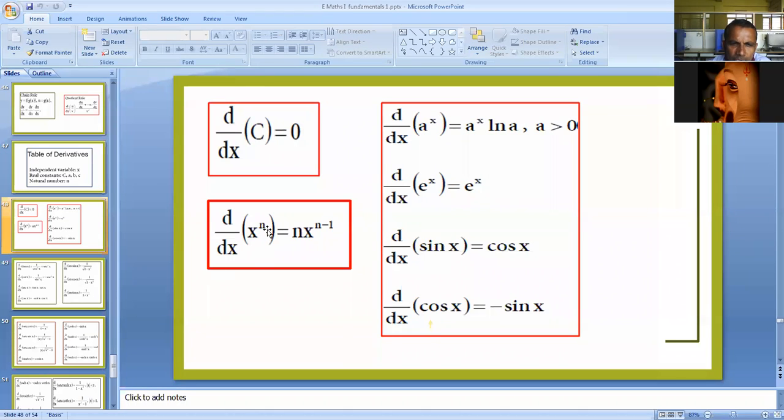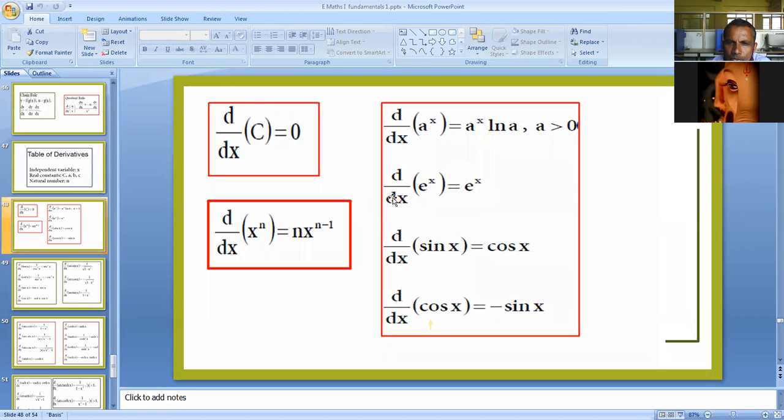Then d by dx of x raised to n. It is what? Index results in the differential. Means n into x raised to n minus 1. And d by dx of a raised to x, where a is constant and it should be greater than 0. Means what? It should be positive. What is that? a raised to x into log of a. असं मिळेल.